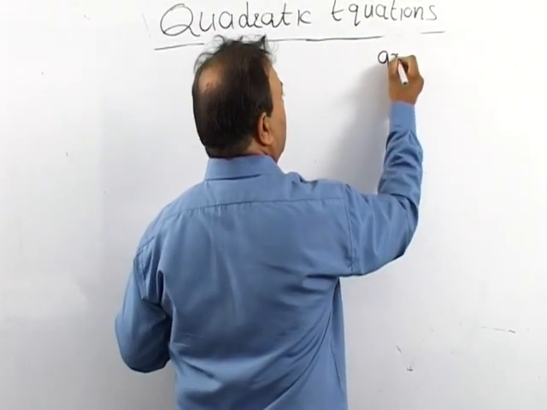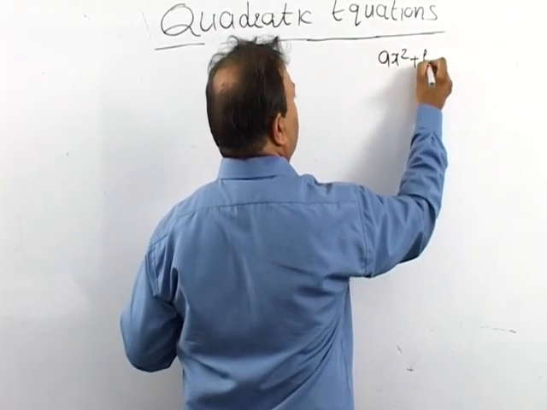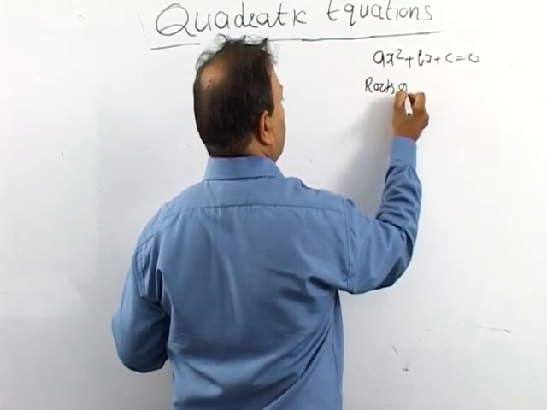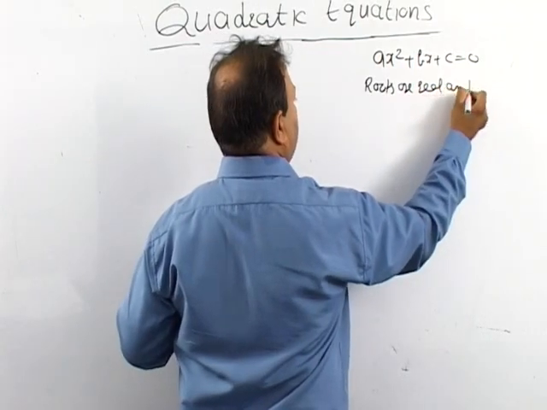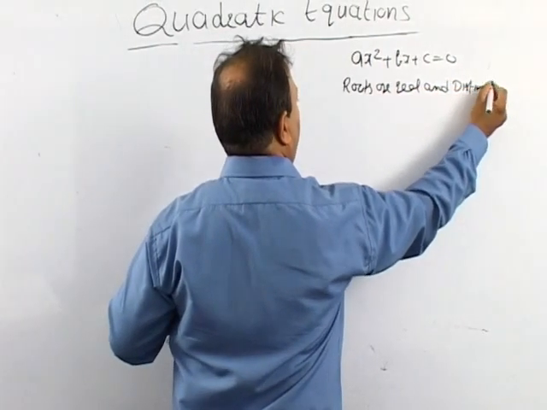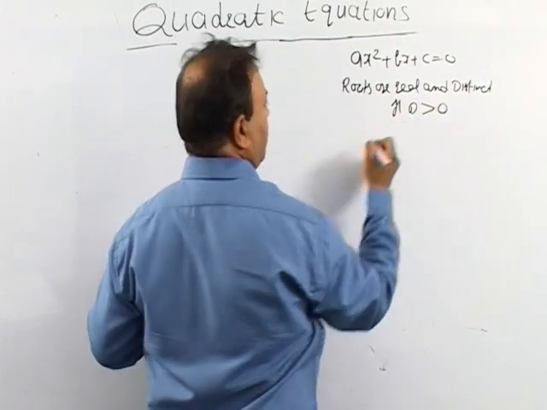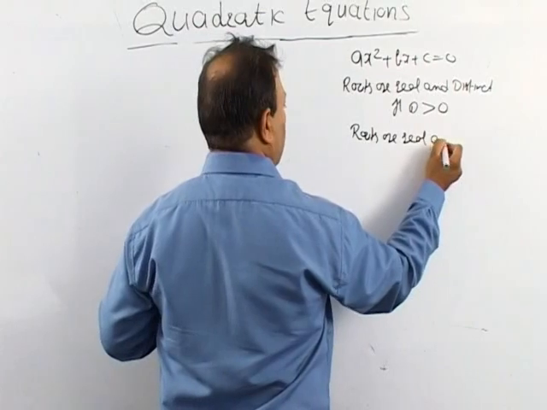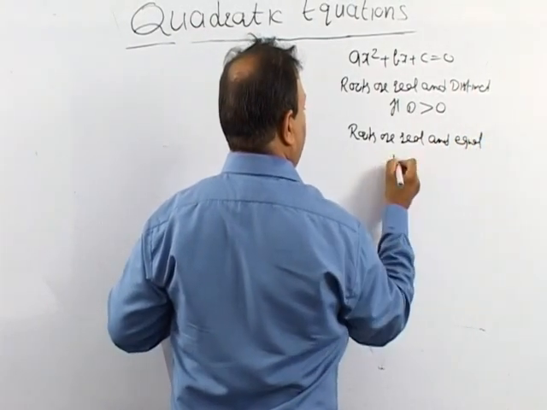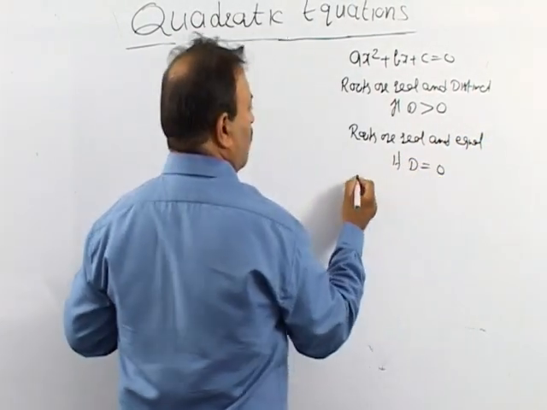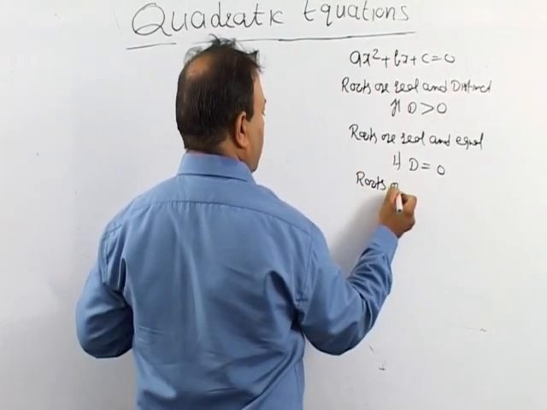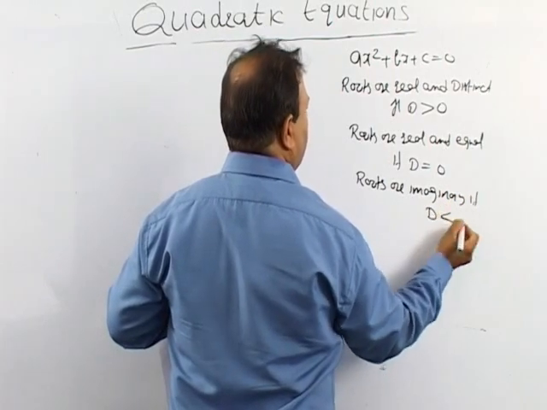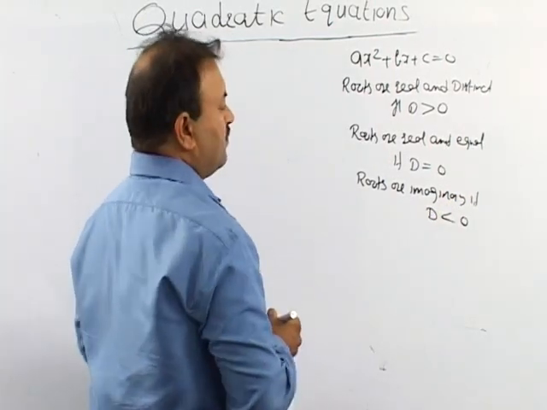If this is the general equation ax square plus bx plus c is equal to 0, roots are real and distinct if D is greater than 0. Roots are real and equal if D equal to 0. Roots are imaginary if the discriminant D is less than 0.